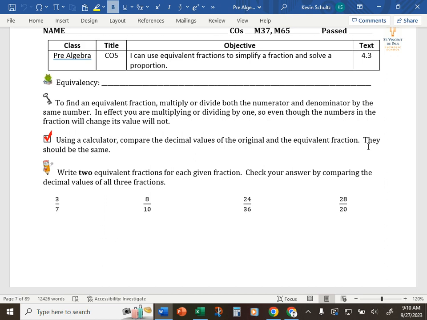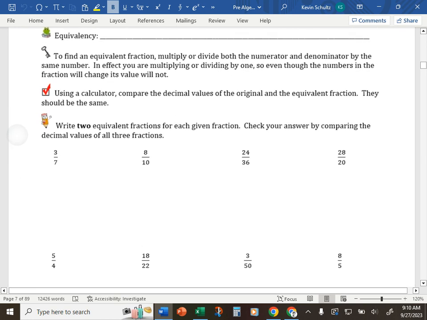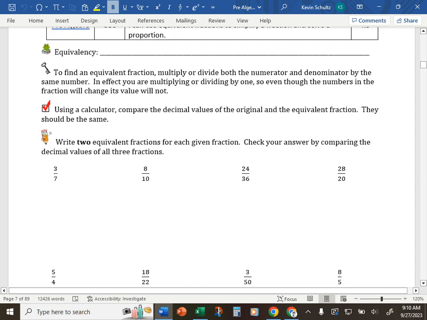Okay, and so let's start with defining equivalency. What does equivalency mean? There's a specific word I'm looking for here, because if you think about what equivalent fractions are, for example, 3/7 here.